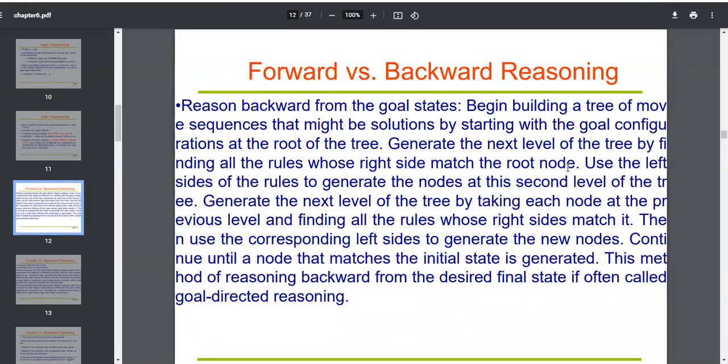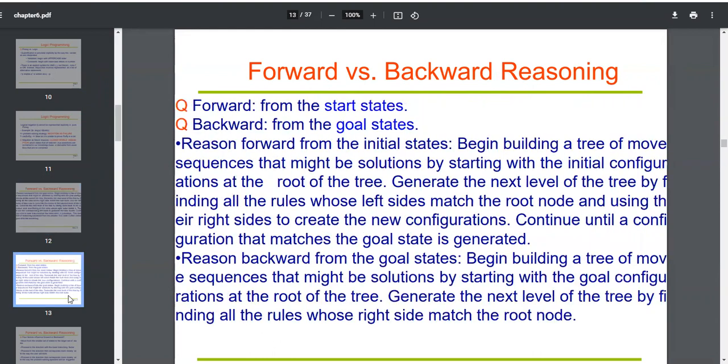What happens in forward reasoning? In forward reasoning, we start from the facts and keep substituting different facts, and we try to end up at our goal state. So it is like moving from facts to goal. That is called forward reasoning. That is what is explained here.